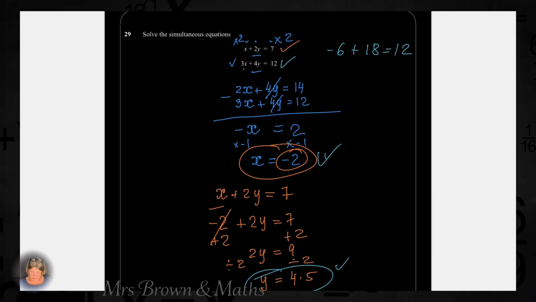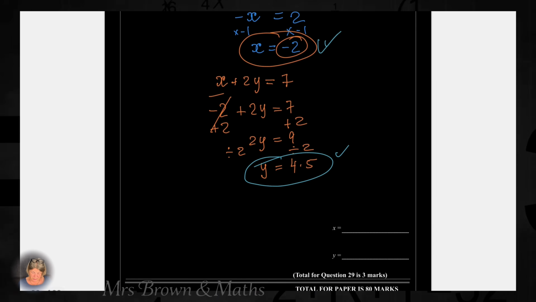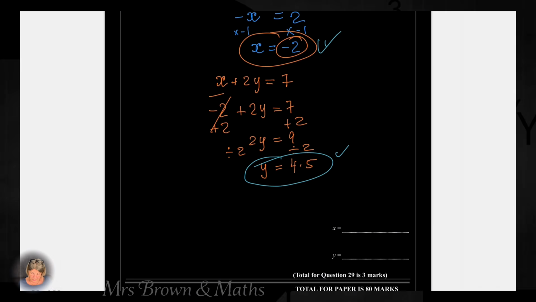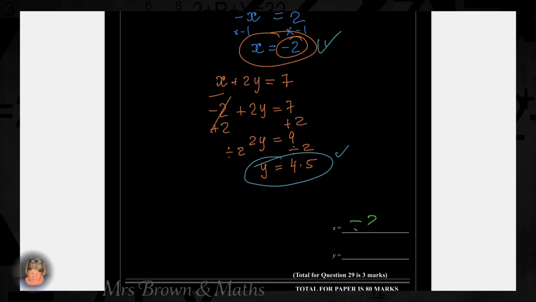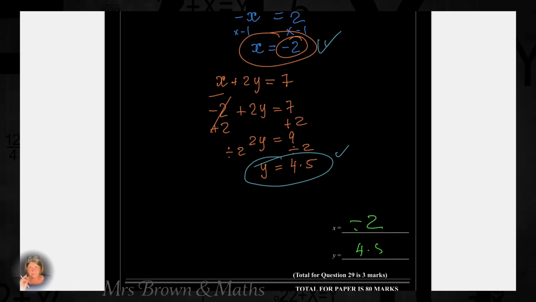So minus 6 plus 18 is 12. 12 equals 12, which means we did it right. Right, let's write down the answer. So x equals minus 2 and y equals 4.5. Done.